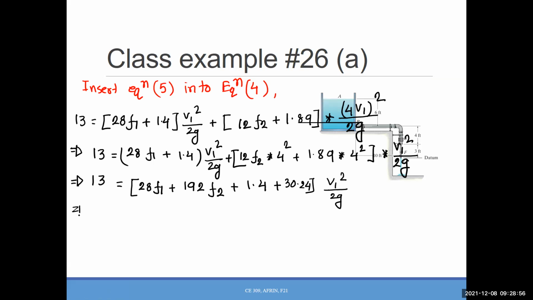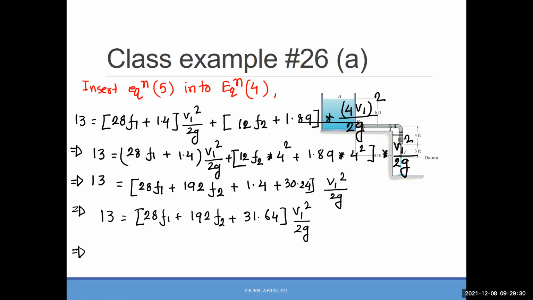Okay. Now 13. 28 F1, 192 F2, 30.24 plus 1.4 is 31.64 V1 square over 2G, right?